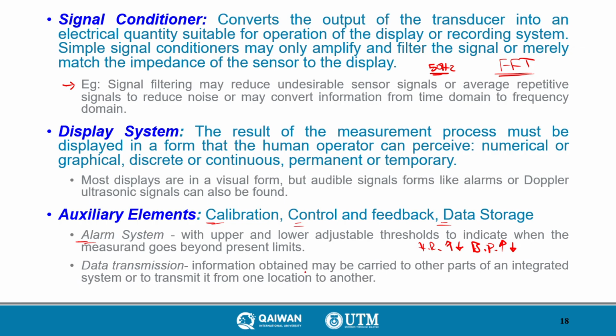Data transmission: information obtained can be carried to other parts of an integrated system or transmitted from one location to another. For example, in the intensive care unit, the ICU, we have a room like this. There are, for example, six beds for patients and a main console.